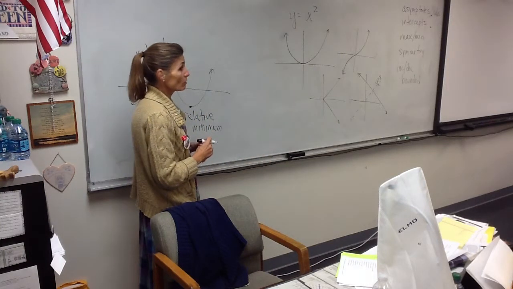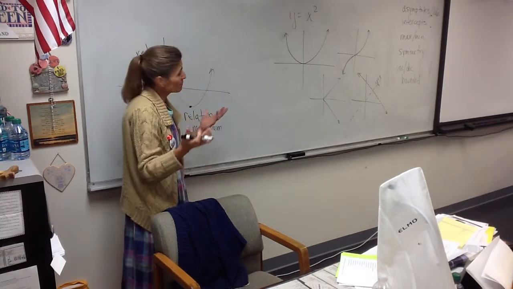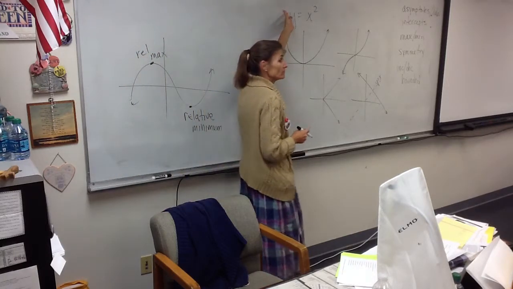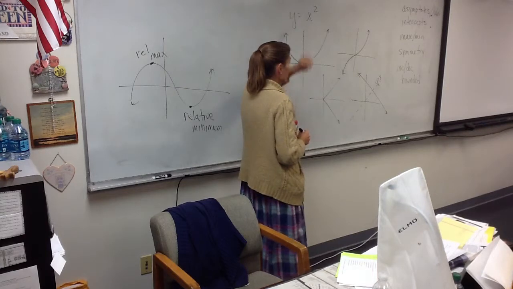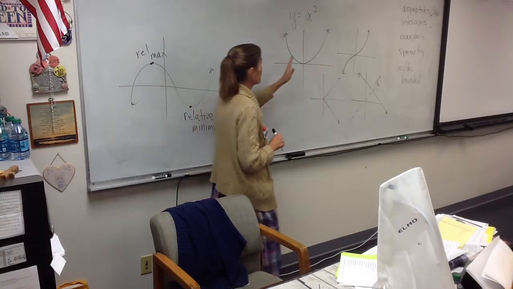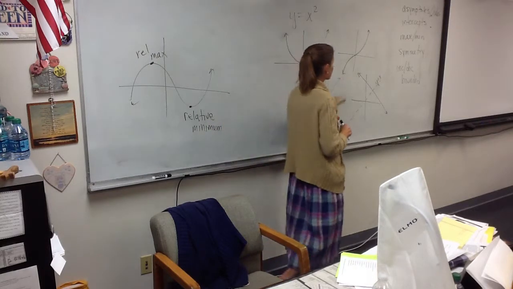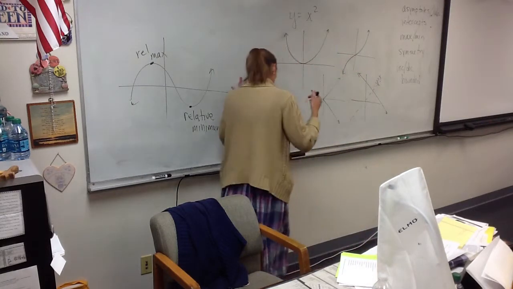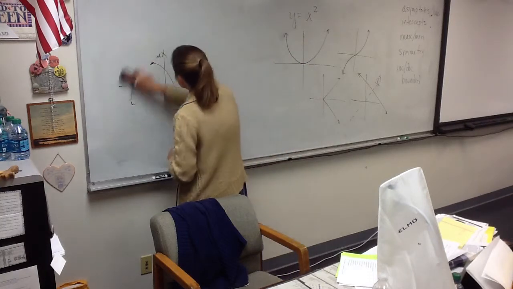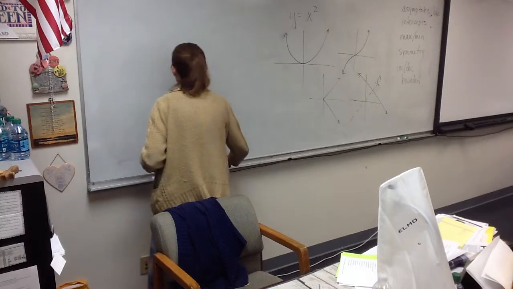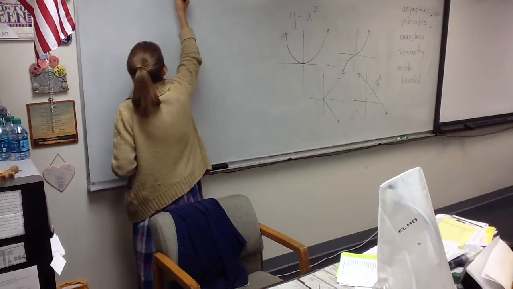So what we are going to learn how to do today, or maybe review if you already know how, we're going to take an equation and we're going to determine which special symmetry it has. And the special symmetries are y-axis, x-axis, origin, and identity line. So here we go. These are the tests of symmetry. I'll just take an equation.